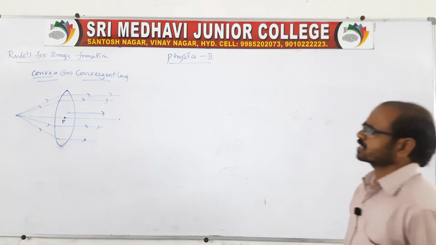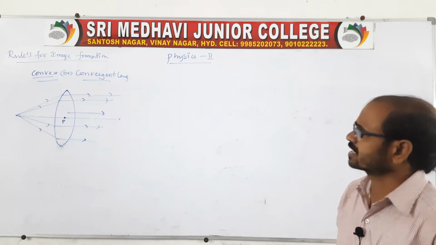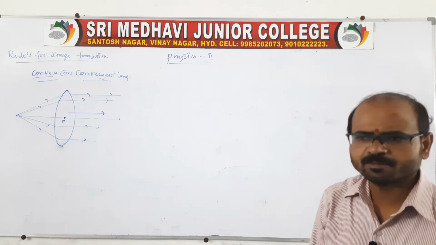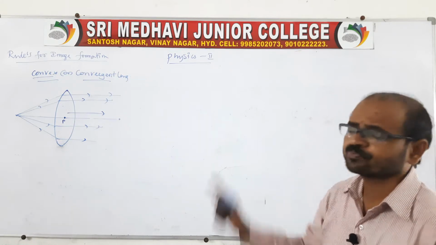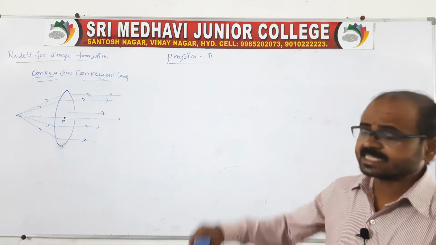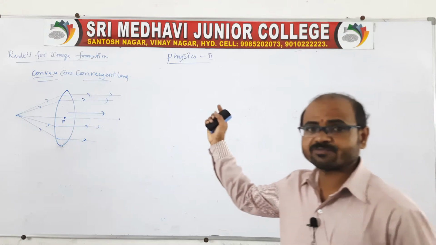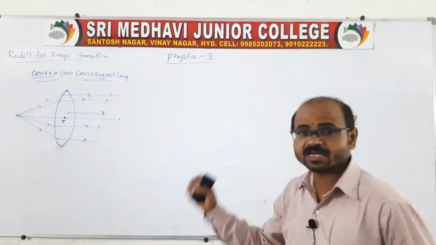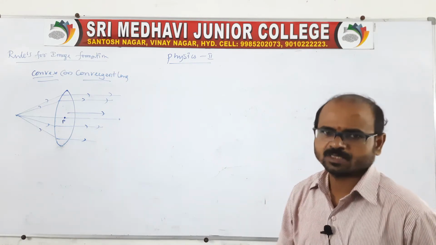First of all we will go for the convex, or we can also call it the convergent lens. Why convergent? Because the rays converge from the object. In the case of the other lens, the concave, we call it divergent, because the rays diverge from the object. Clear?